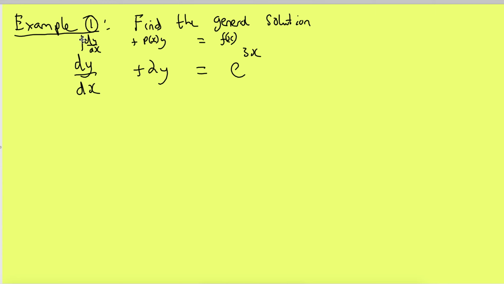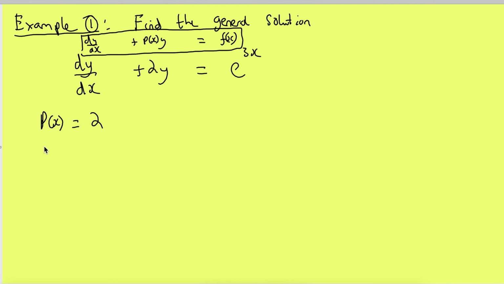That's the format for an integrating factor differential equation. The first thing you've got to do is work out what p of x is. So p of x is whatever is happening to y. If you just cover up y with your finger, that tells me what p of x is. So p of x is 2.